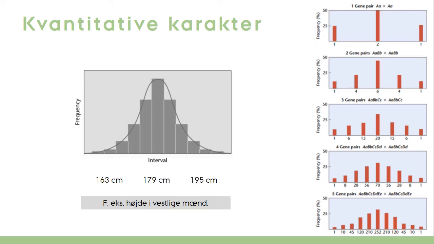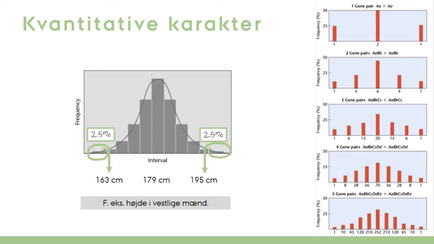In Western men, for example, we see an average of 1.79 meters. And because there are so many different genes that have an impact on this height, you'll see this beautiful distribution.